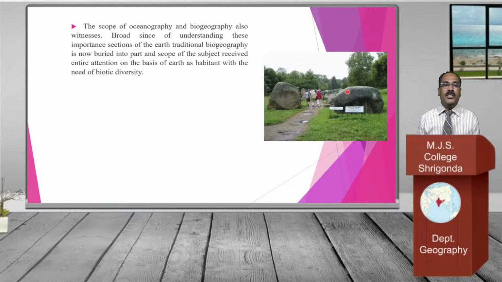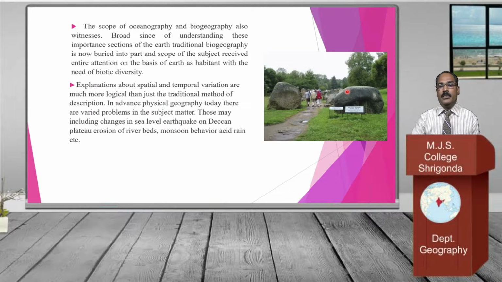The subject received entire attention on the basis of the earth as habitat with the need of biotic diversity. Explanations about spatial and temporal variations are much more logical than just the traditional method of descriptions.